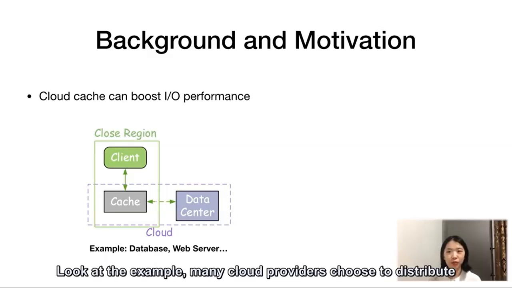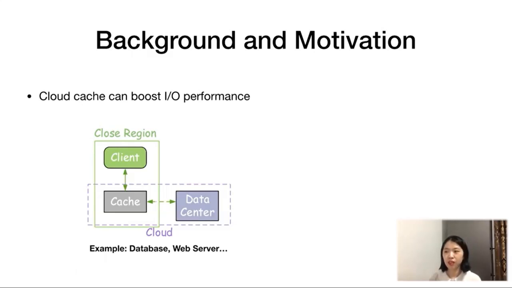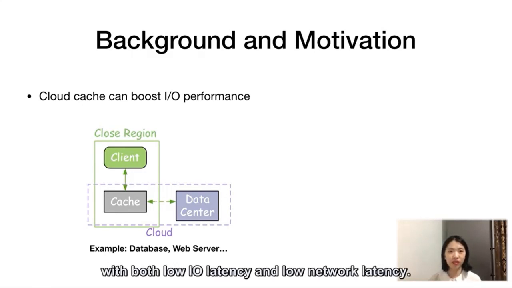Look at the example. Many cloud providers choose to distribute some cache devices geographically close to clients. So many I/O requests of the clients can be served by the high-speed cache with low I/O latency and low network latency.